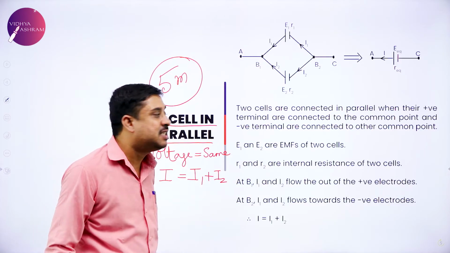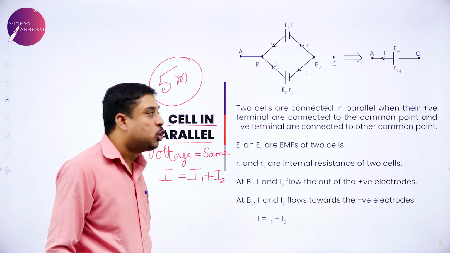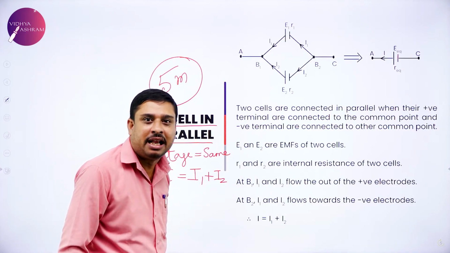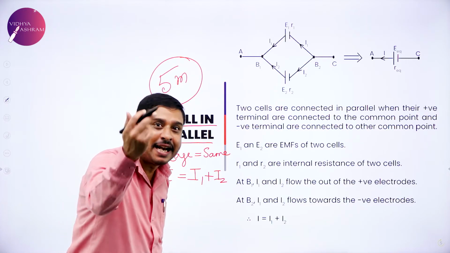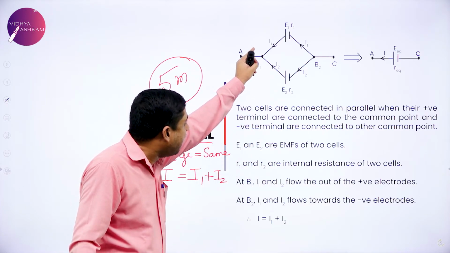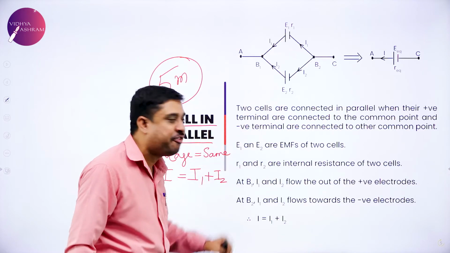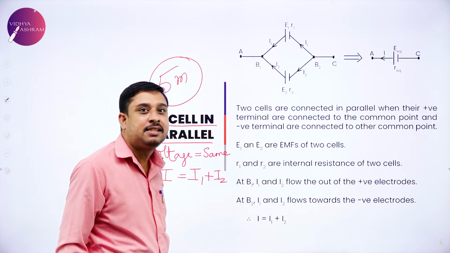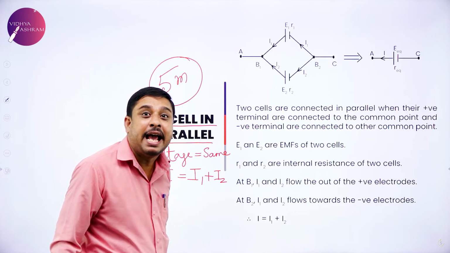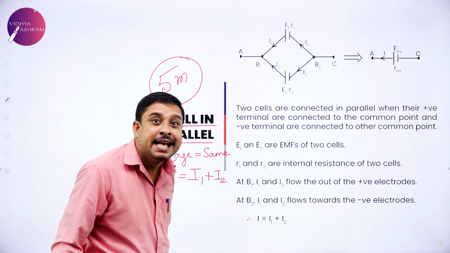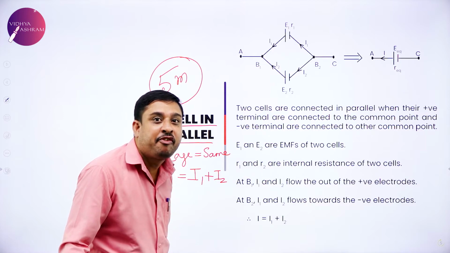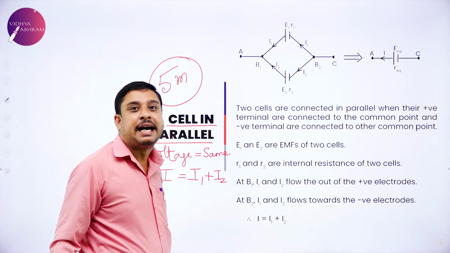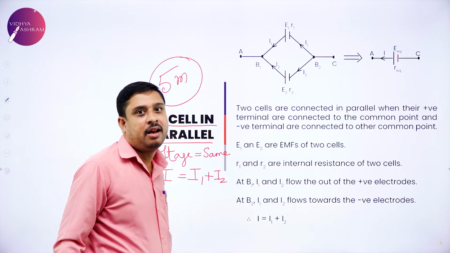Therefore we say two different cells are connected in parallel. Why two different cells? They have different EMF, different internal resistance, and the current across the cells gets branched.